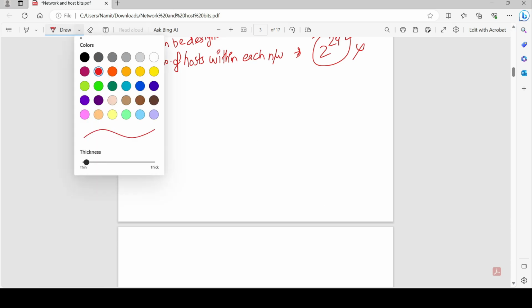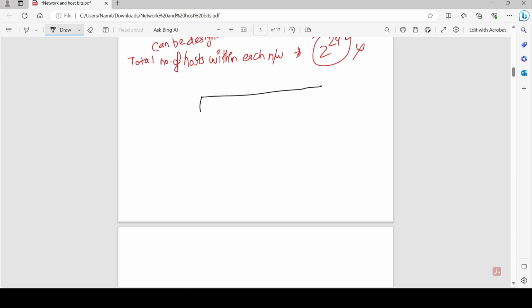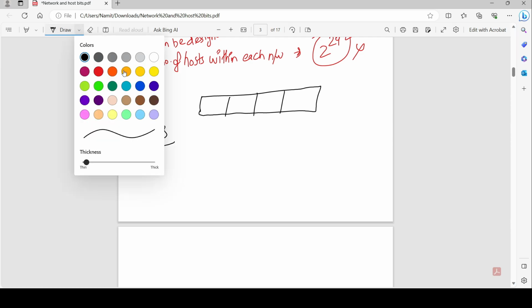Then I'll move on. Now I'll change the color once again and draw the IPv4 structure over here once again, 1 2 3 and 4. Again I'll talk about class B. Within class B I'll use a different color.